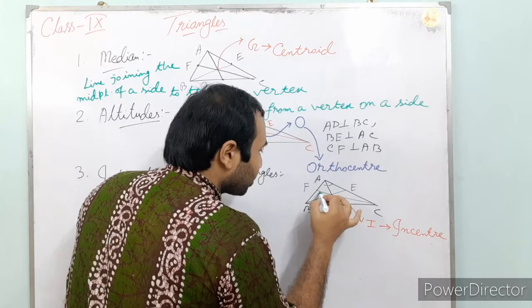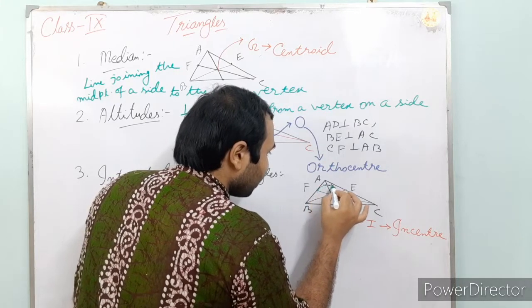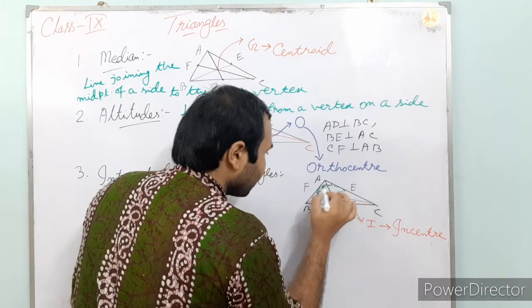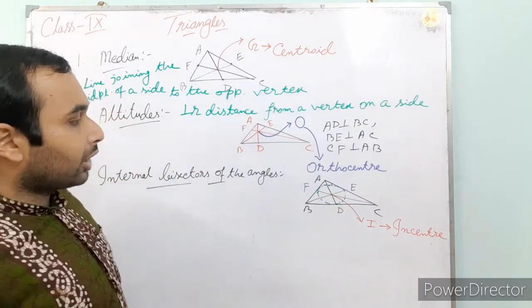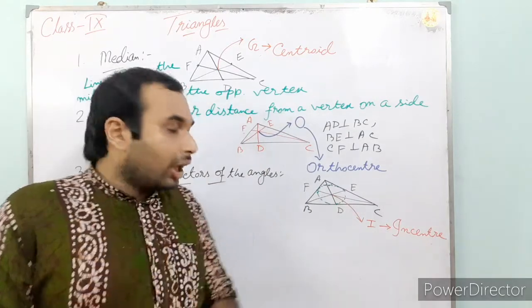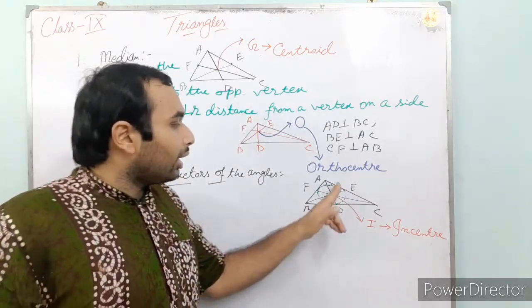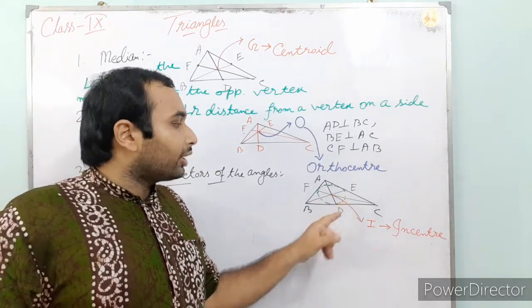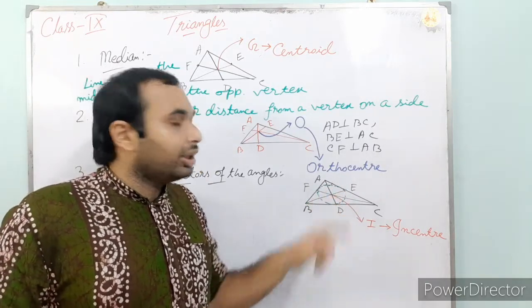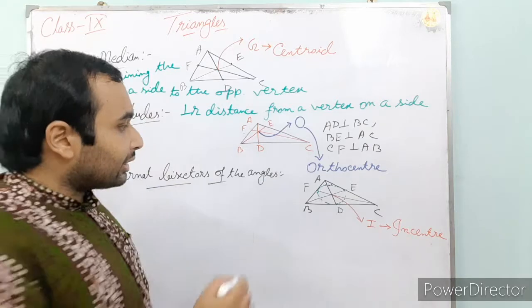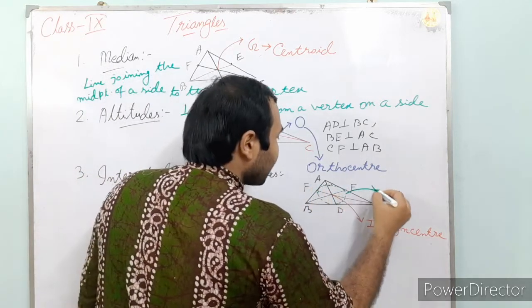Here I cannot draw properly. A circle will come, that means a circle that will touch all the sides of the triangle at those corresponding points. So this is called the inner circle.